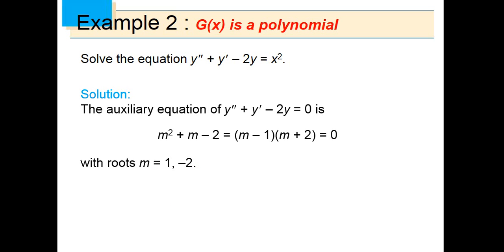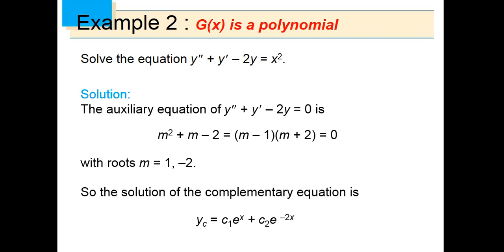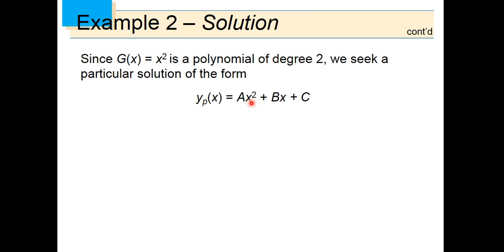Both are real and unique. So when you write your complementary solution, then they will simply be exponential functions in which the arguments are 1 and negative 2, or x and negative 2x. But this is just one part. Now this x squared will have to be represented in the form of ax squared plus bx plus c.